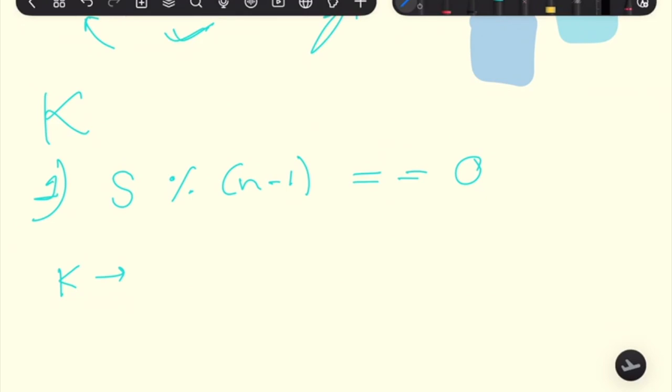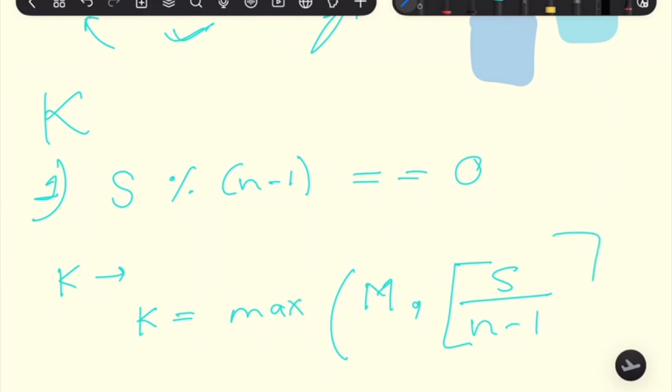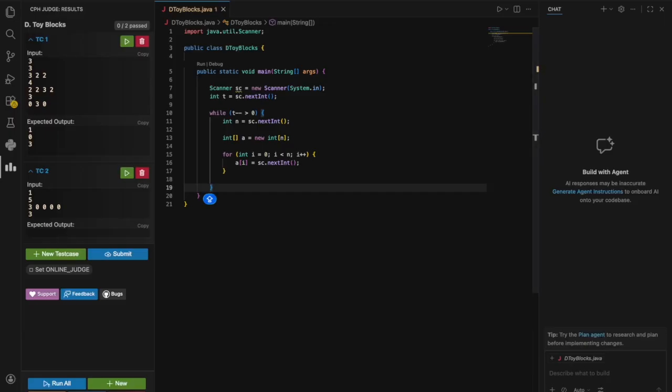So basically our k looks like max of max height m and ceil of S divided by n-1. Once you have this k, the total blocks is simply k times n-1. Subtract your current sum from that and you have your answer.